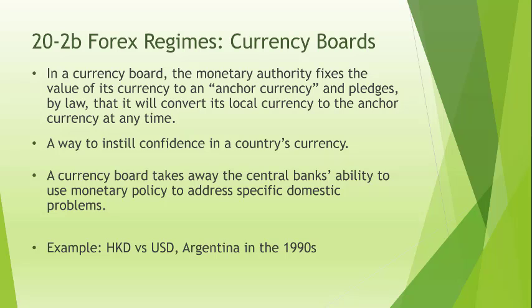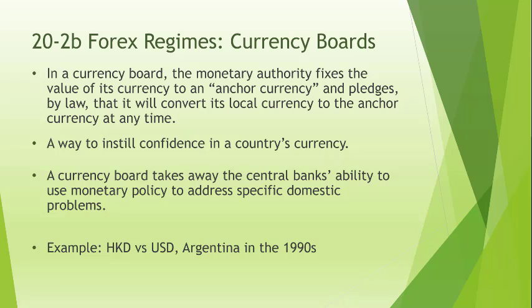What does that do to the central bank? Of course, it completely ties the hands of the central bank. It means the central bank can't print any new money unless it has the currency to which the money is fixed. So the Hong Kong Monetary Authority can't print any more Hong Kong dollars unless it has more US dollars.